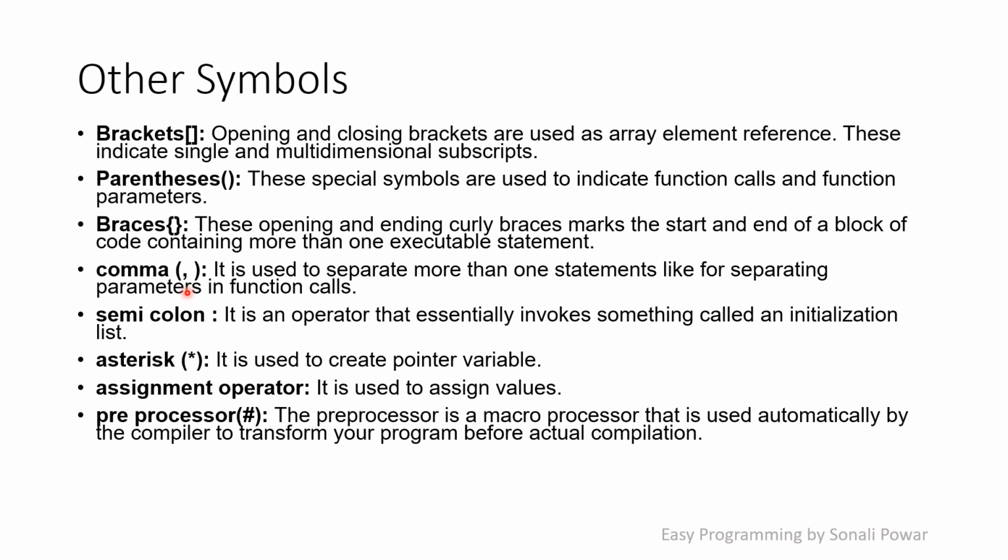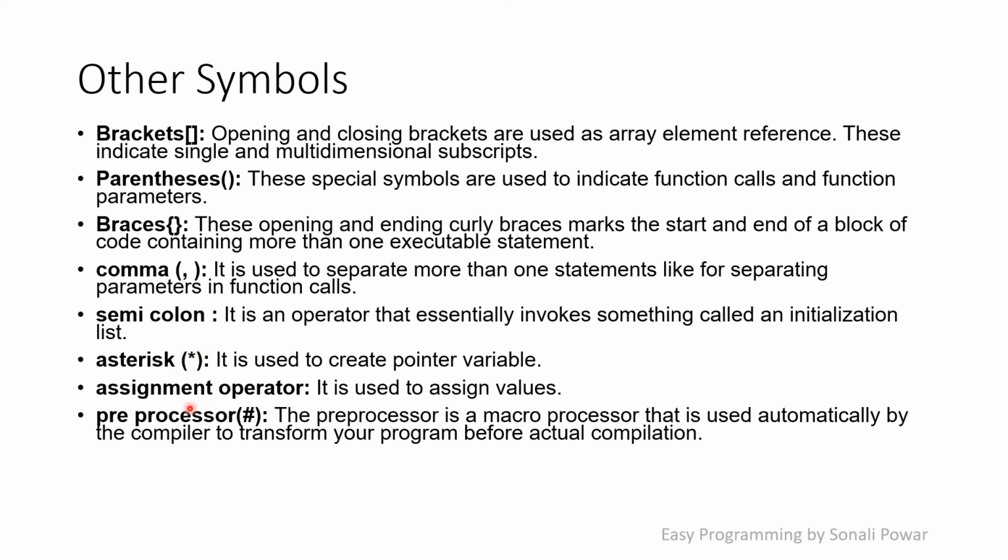That time we use the comma operator. And the semicolon: each and every statement in a C program is terminated by a semicolon. And when you want to declare a pointer, you have to use this star operator.